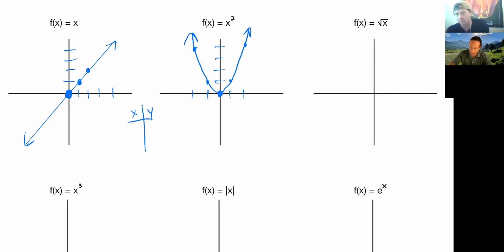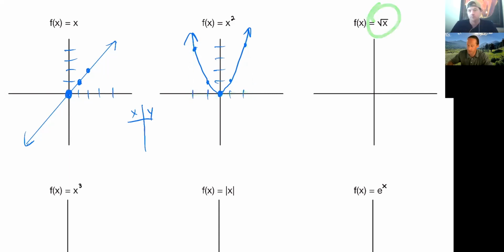Okay, so for this one, I would have chosen zeros, 1, 2, maybe -1, -2, and got those y values out. And you can see when I go this direction a certain amount, or this direction a certain amount, I went the same in the y. Okay, we'll call that something at the end of today, right? When we get something similar on both sides of 0.